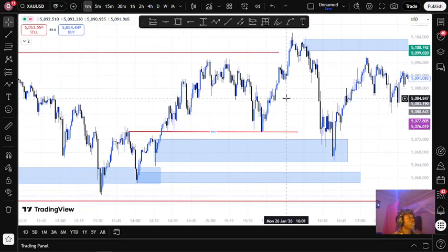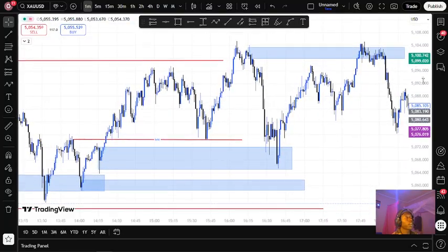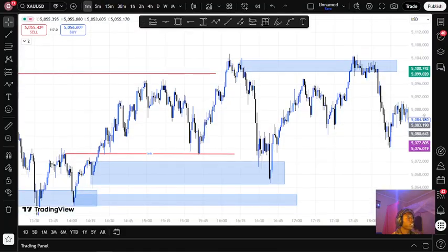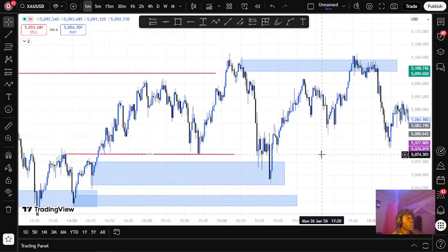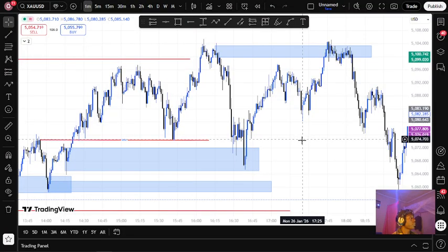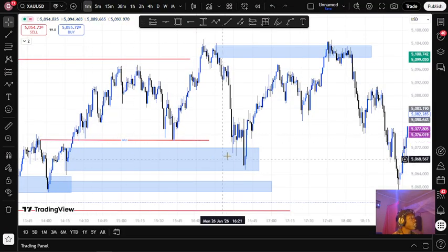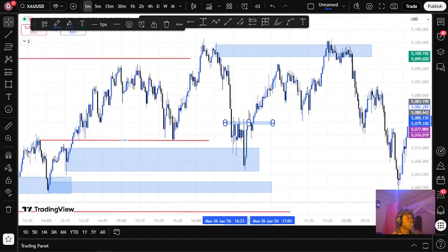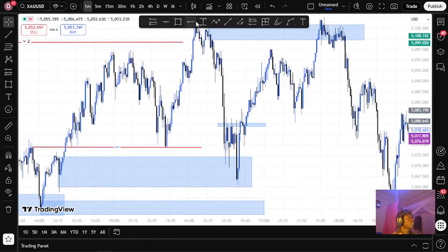At that order block, I saw the price was consolidating here. I wanted more confluences at that point. So it first reacted off at this point here, but I didn't enter. I was waiting for a breakout of that zone here.